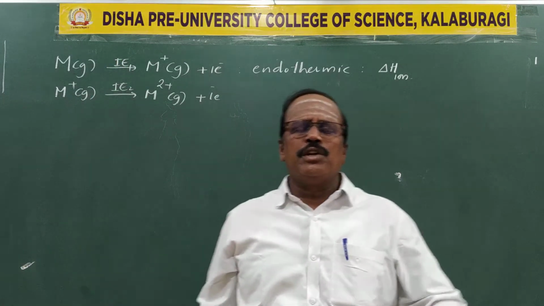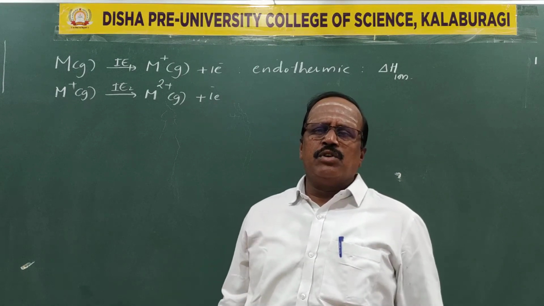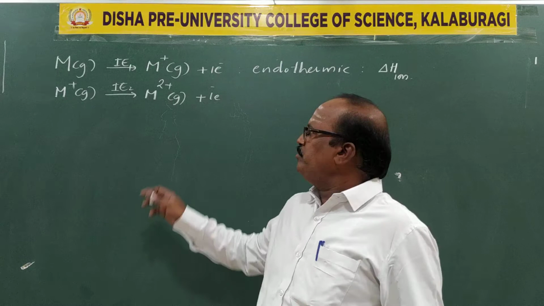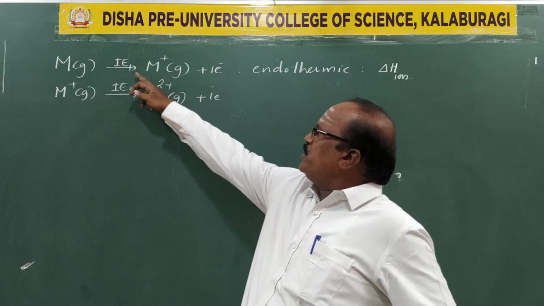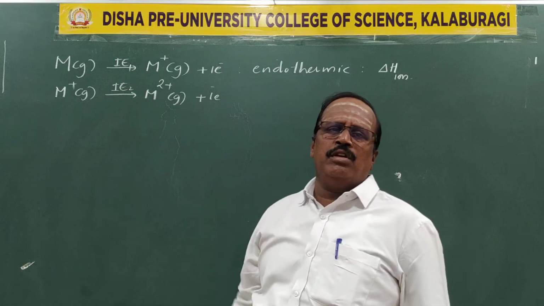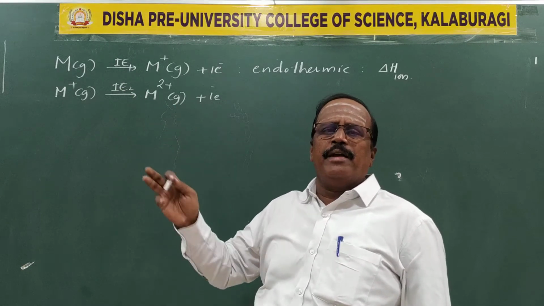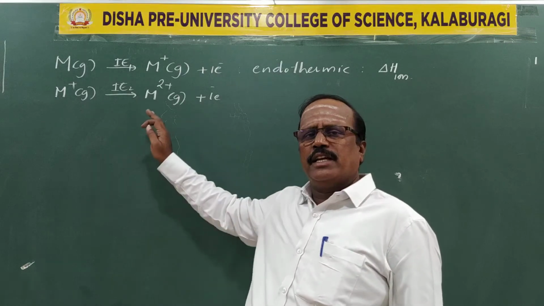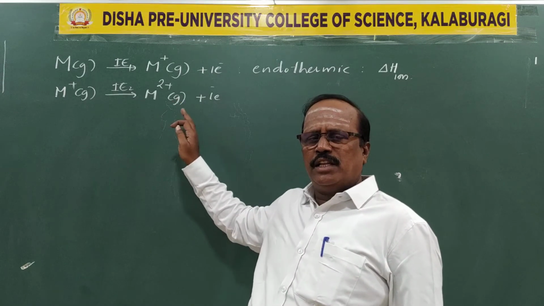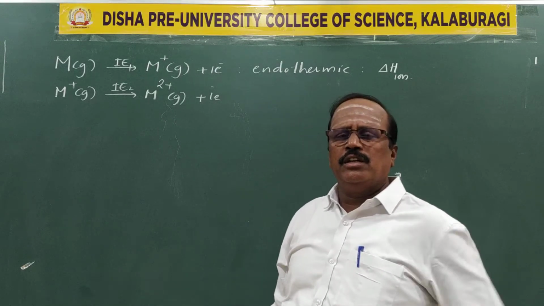Removing one electron from the isolated neutral gaseous atom gives the first ionization energy. To remove one more electron, whatever energy we supply is known as the second ionization energy. Likewise, if you remove one more, it becomes the third.